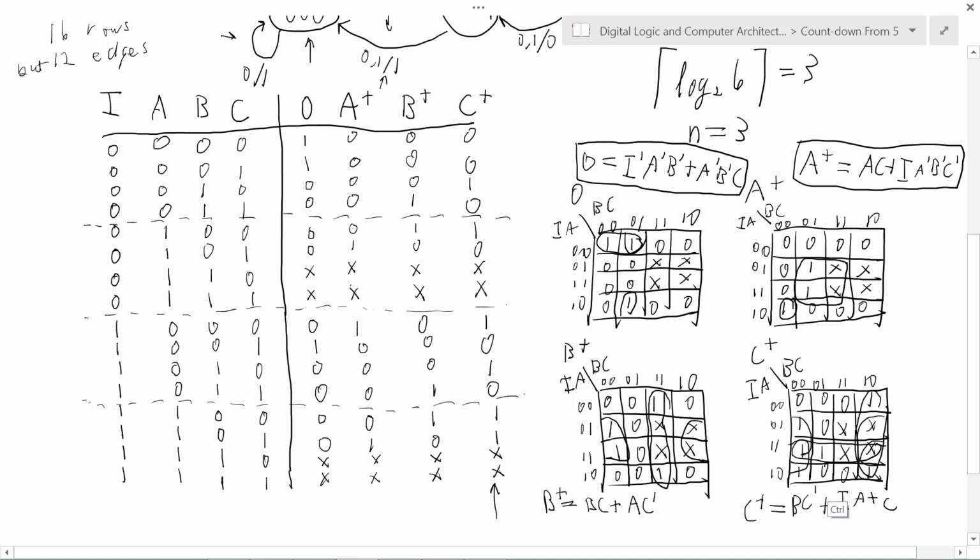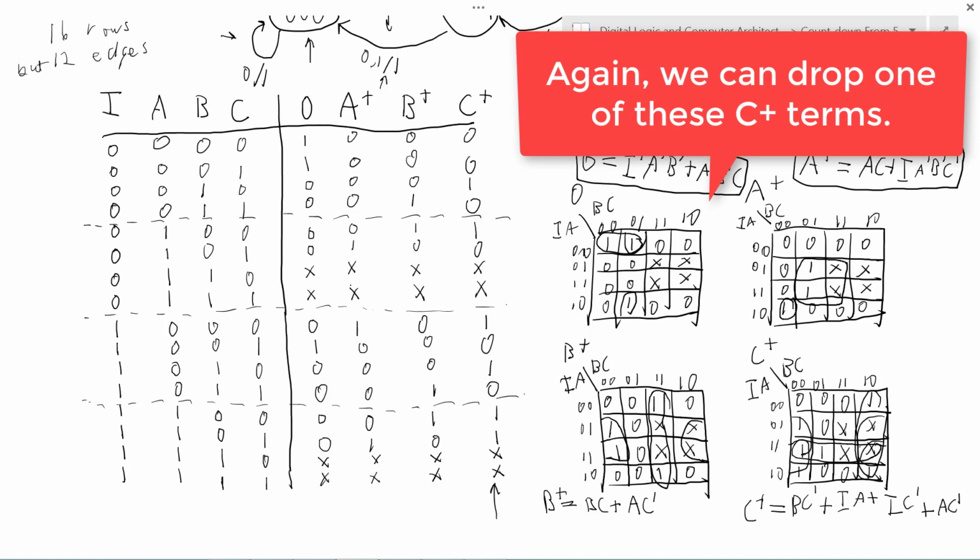Well, actually, let's call this I, C prime, and then we'll OR it with A, C prime. And that gives us our 4 combinational logic output bits.